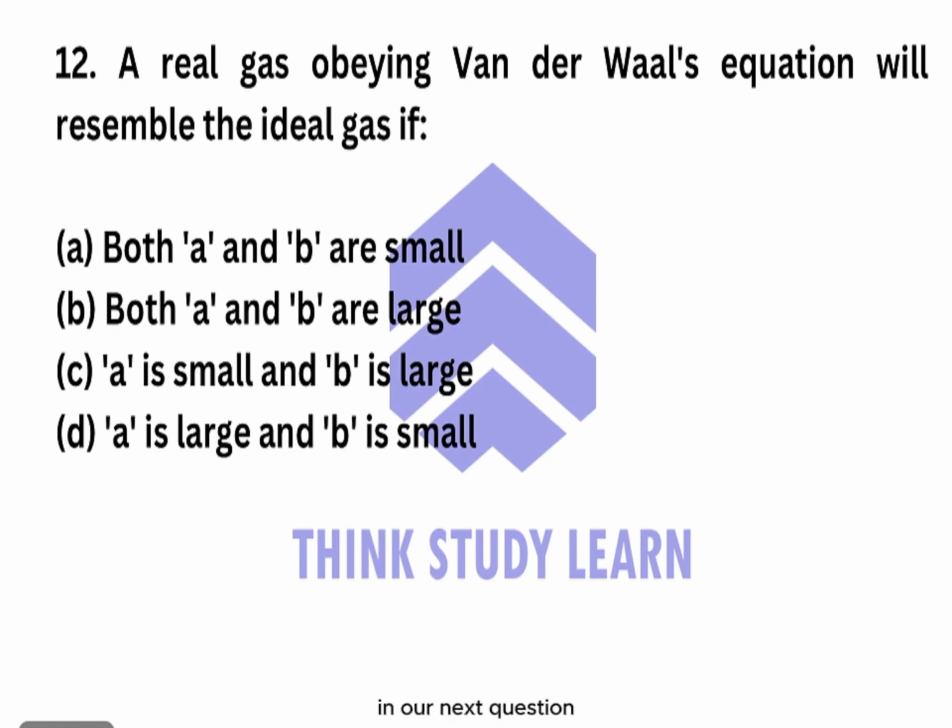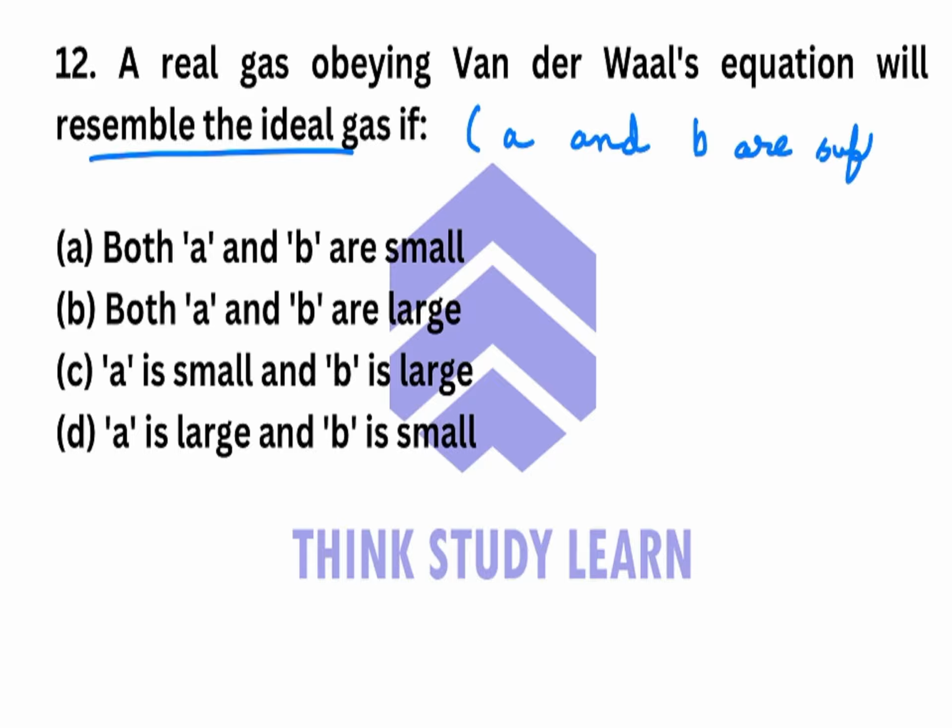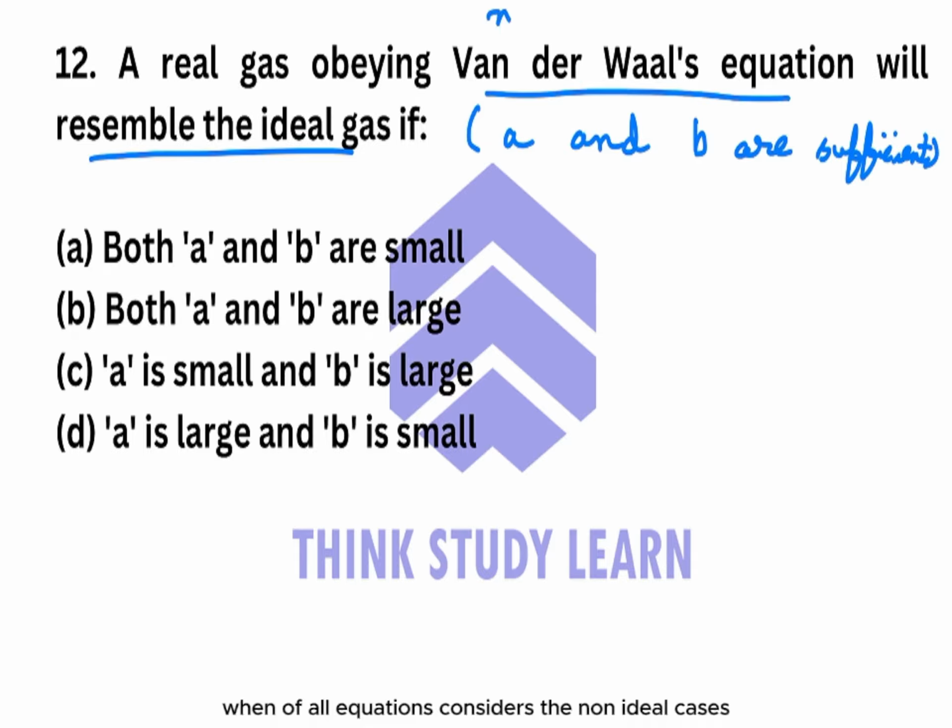In our next question, we are given that a real gas obeying van der Waals equations will resemble the ideal gas if one of these conditions is satisfied. For resemblance of ideal gas, we have to assume that A and B are small. Van der Waals equations consider the non-ideal cases.